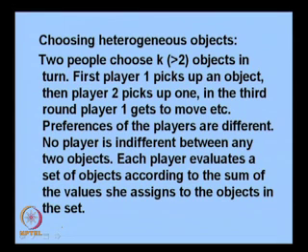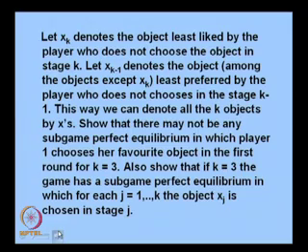So, if a player has selected n number of objects, then the total payoff that player is getting from these n objects is the sum total of individual payoffs from these n objects. Let xk denote the object least liked by the player who does not choose the object in stage k. Let xk minus 1 denote the object among the objects except xk least preferred by the player who does not choose in stage k minus 1.